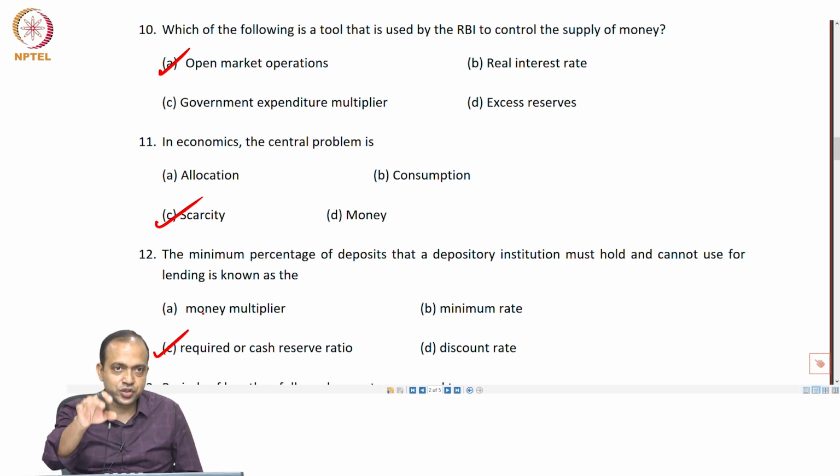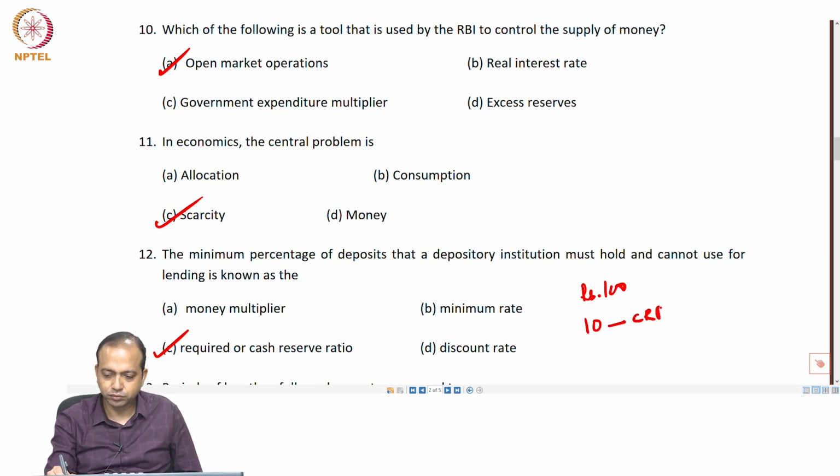If 100 rupees is deposited and CRR is 10%, that means out of 100 rupees deposited, 10 would be kept as CRR, then 90 rupees would be used for loan purposes.